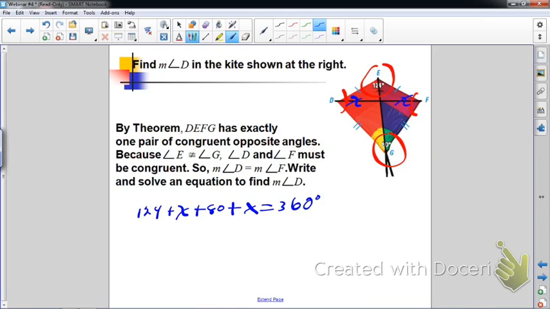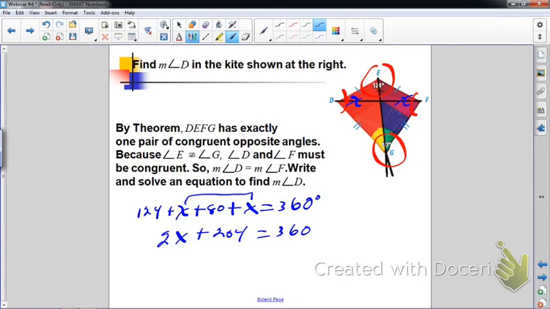Now remember, it is 360 degrees. So I go 124 plus 80 will give me 204. So I combine things that are alike. So I have 2x plus 204. That is equal to 360.